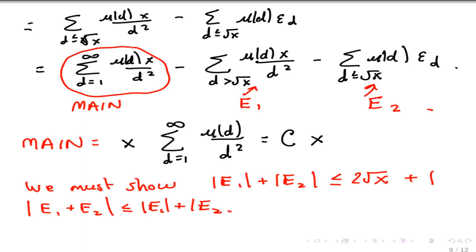So this is the sum where d is bigger than the square root of x of mu of d, let's come back here, x over d squared.